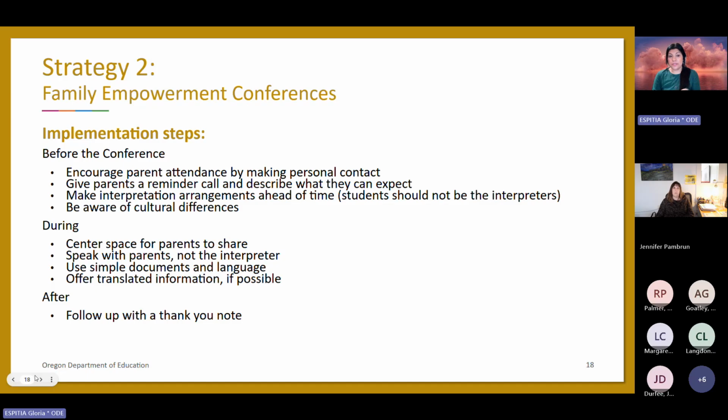And during the conference, we want to invite parents to share their experiences of their children's learning. So we want to center time for parent questions and emphasize ongoing communication with bilingual support to ensure parents feel informed and engaged. Teachers should speak directly to parents rather than to the interpreters.